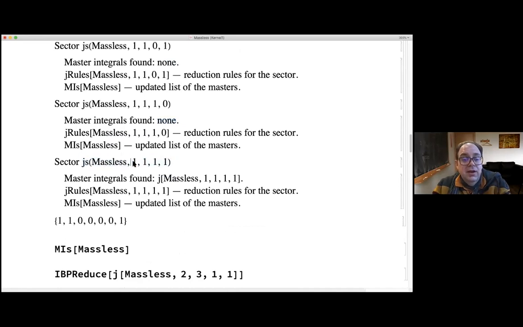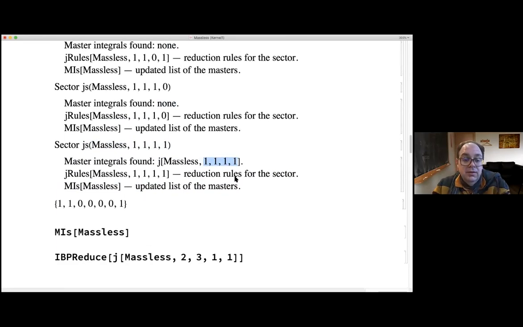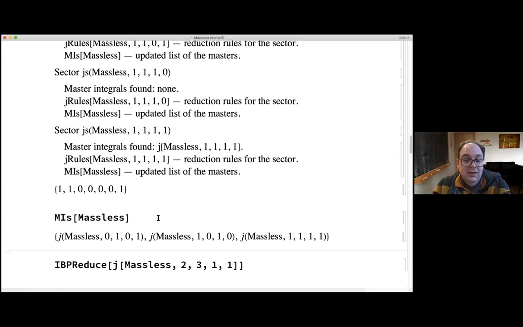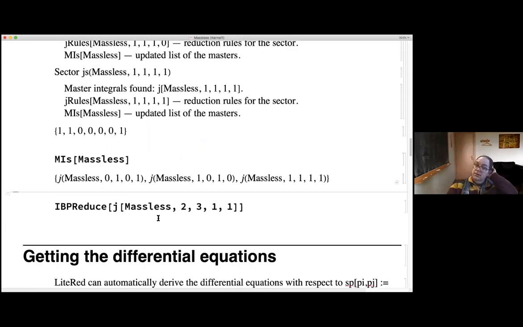This is a sector where you have all 4 propagators present, and it finds a master, which is the box with all unit powers of the propagators. So in the end, I can just look at what the masters are. And what you find is precisely the three masters that we had seen in the lecture. There's the box with 4 unit powers of the propagators and 2 bubbles, in the s and in the t channel.